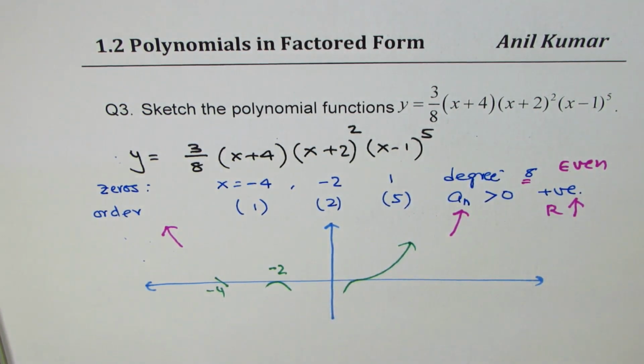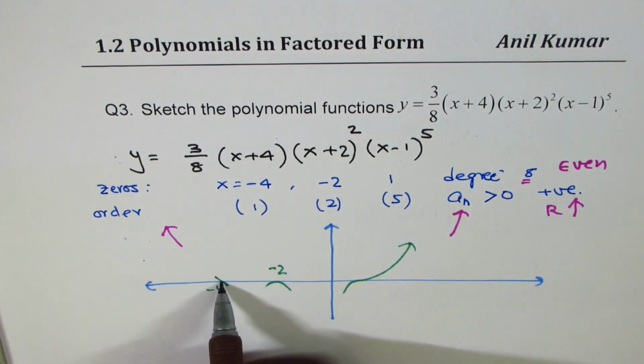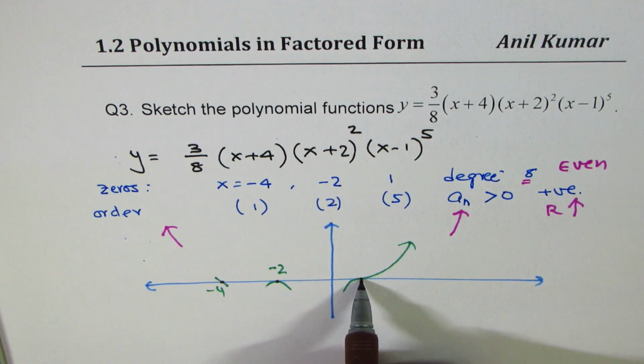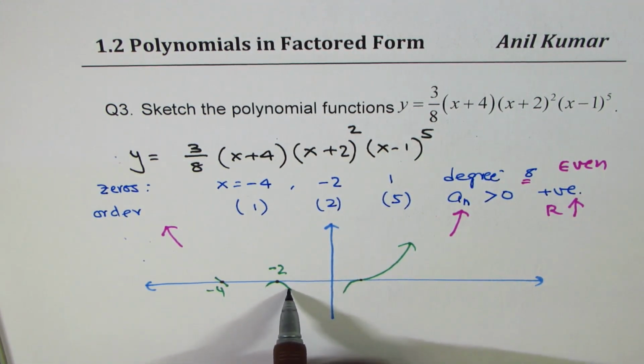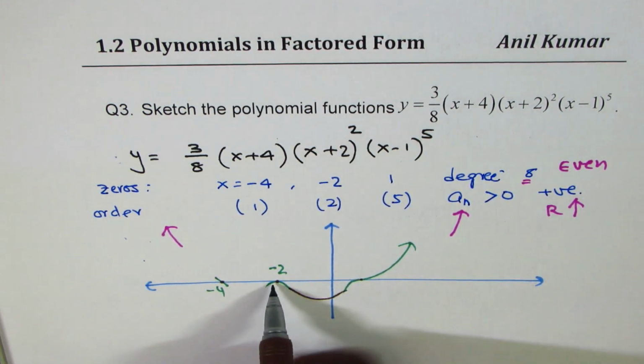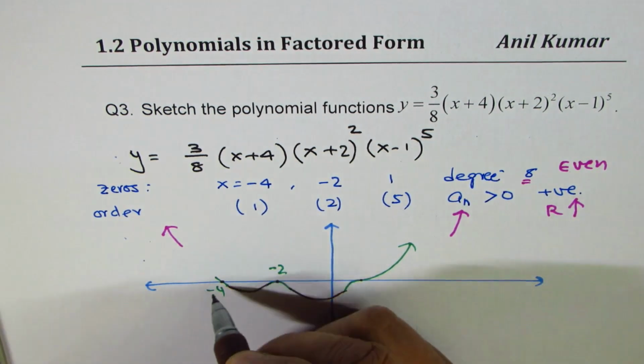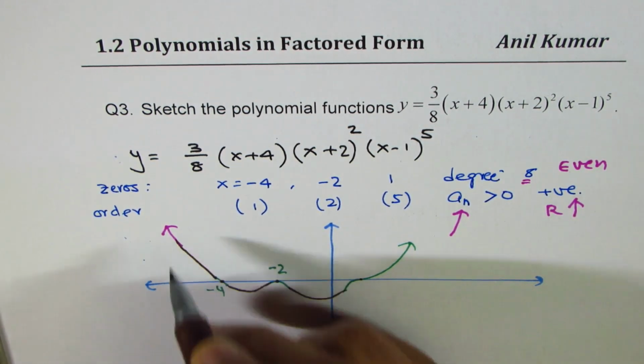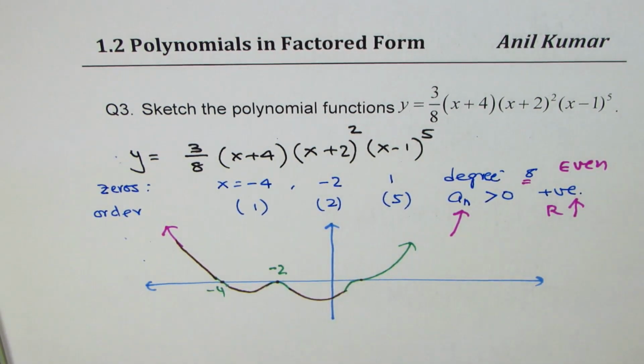So that is how you get your graph. Does it make sense to you? So it is a good idea to indicate the behavior of the curve at each zero to begin with, and then connect, right?